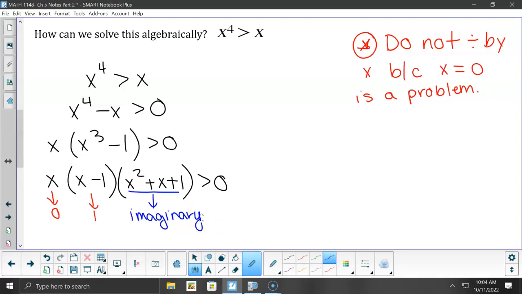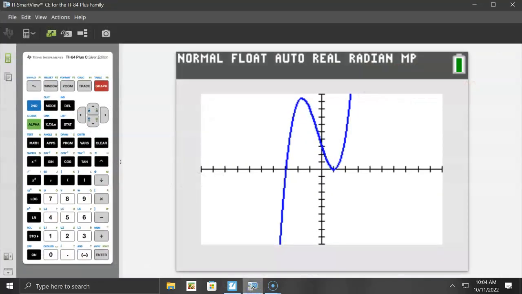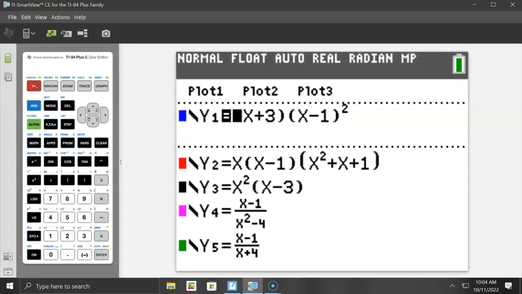So let's graph it, and we can take a peek at it and see what we're thinking, and then how we can get back to something that's workable algebraically.